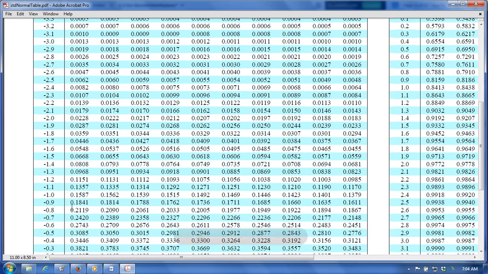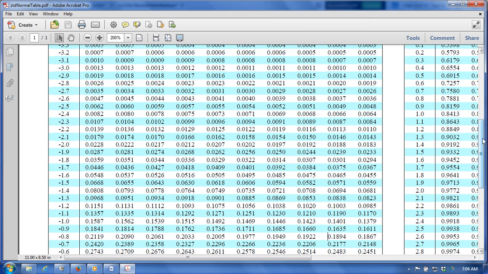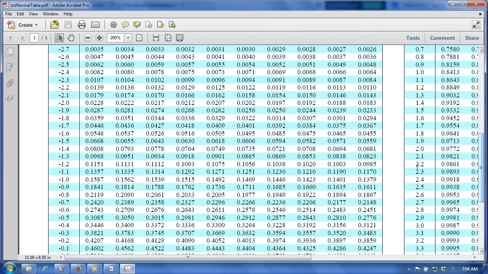Go down to negative 0.5, and then go over to the column that is 7. So it will be, if I can get this to go away. Yeah, of course it comes back. All right, negative 0.57 would be this guy right here, right?